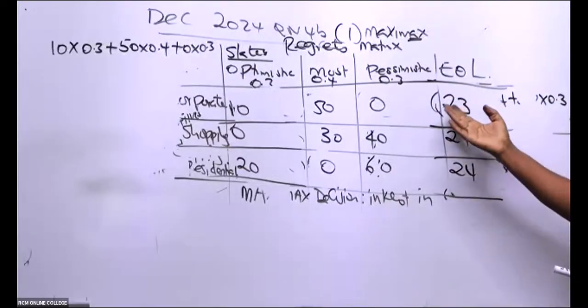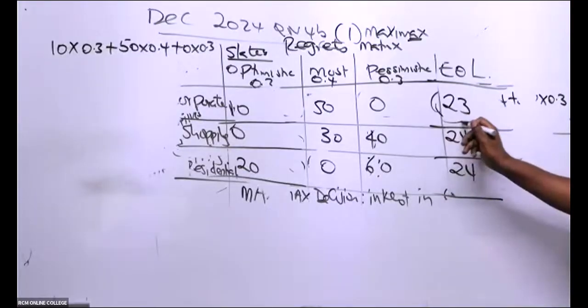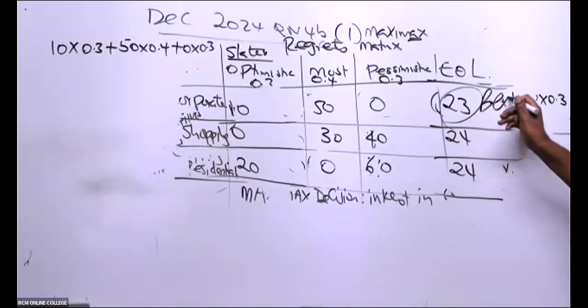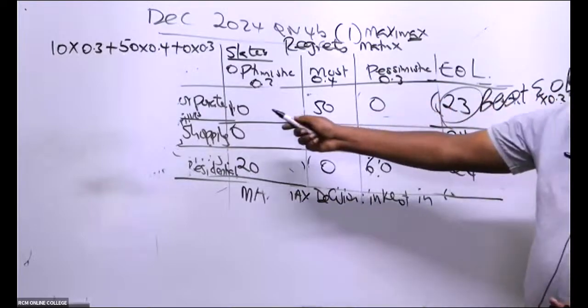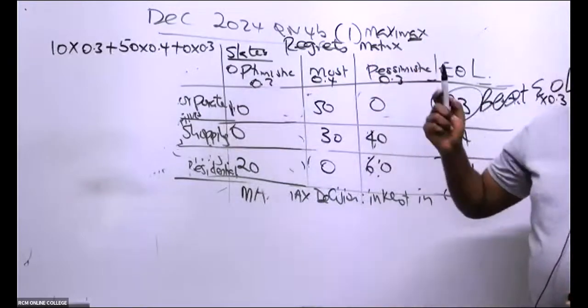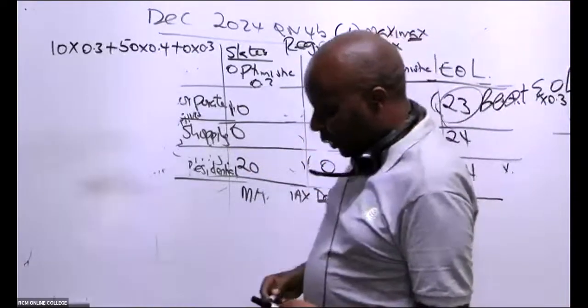The very best loss is which one here, somebody? 23, the lowest? Yes. 23. So this is the best EOL, the best expected opportunity loss. So we are advising them to put up what here? Corporate.